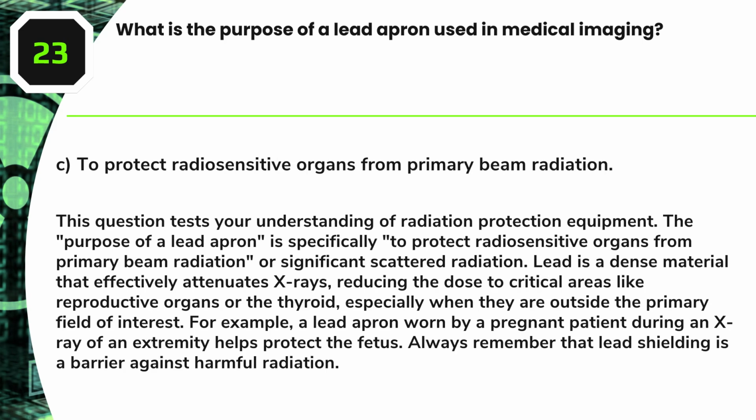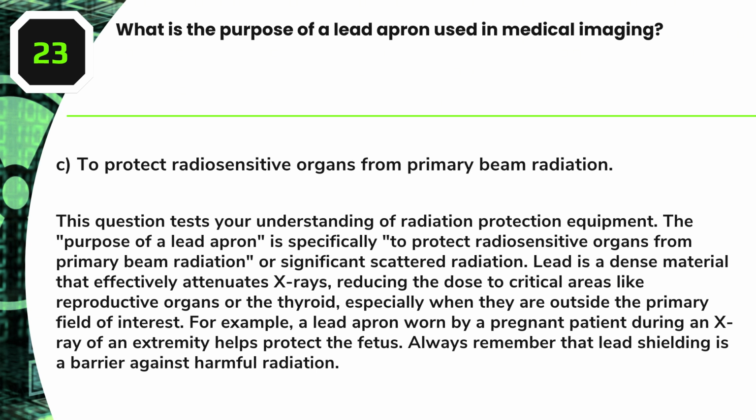Answer, C. To protect radiosensitive organs from primary beam radiation. This question tests your understanding of radiation protection equipment. The purpose of a lead apron is specifically to protect radiosensitive organs from primary beam radiation or significant scattered radiation.